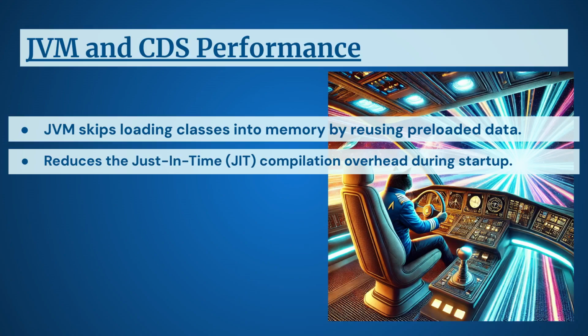This reduction in the just-in-time compilation is really specific only to startup. When it comes to the runtime just-in-time compilation that also occurs while we are using the application, CDS has no effect on it, because CDS only affects the startup of the application when it comes to things like data loading and the data class loading.